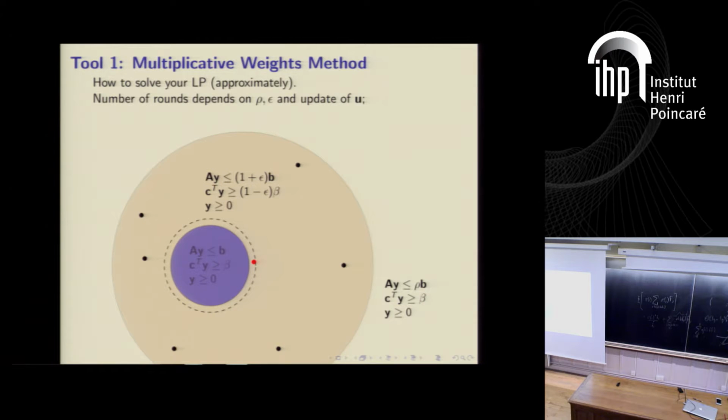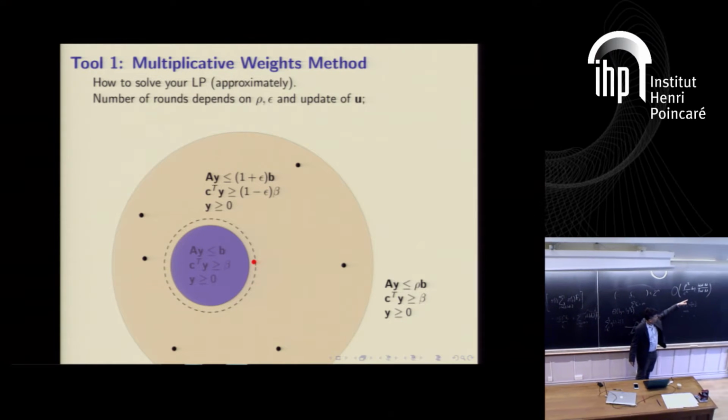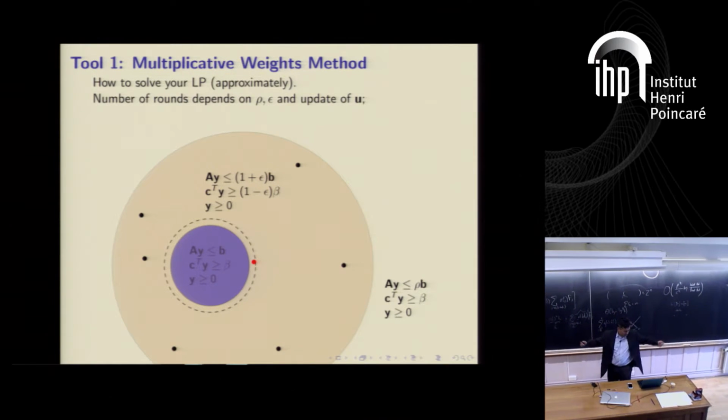It's order rho squared by epsilon squared, where rho is the extent of that easy polytope, epsilon is the guarantee you're looking at, and the whole analysis is done by a potential function. It's the log of the initial potential divided by the final potential. It's standard. You could think of it as rho squared divided by epsilon squared times log of n, where n is the number of variables.